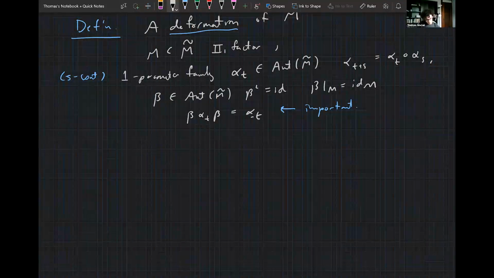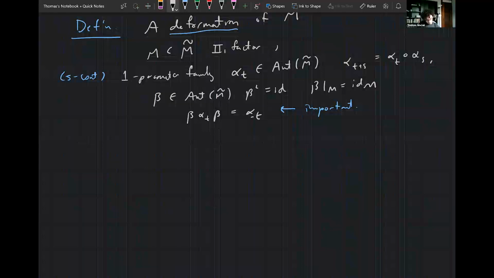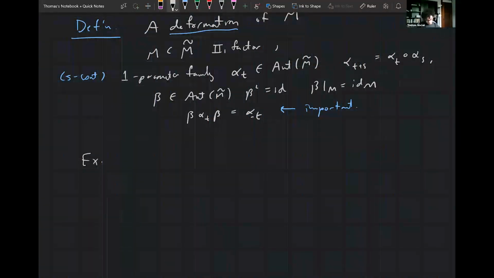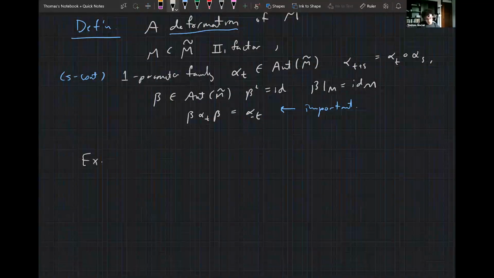It turns out, and I can't really get into the construction here in any detail, that this is a generalization of a 1-cocycle.